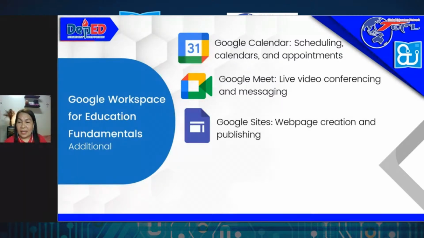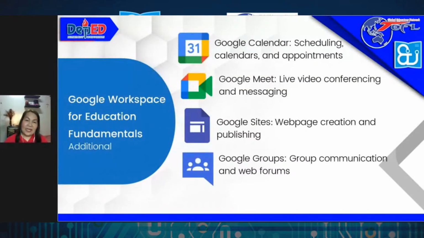Another thing is Google Groups. Group communication and web forum. New Groups has a more efficient streamline which makes it easier for users to create and manage groups. It includes the most used features from the classic interface along with read group conversation and write message and consolidated settings for improved navigation.